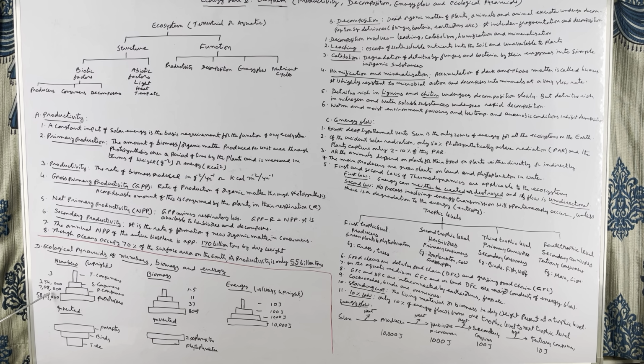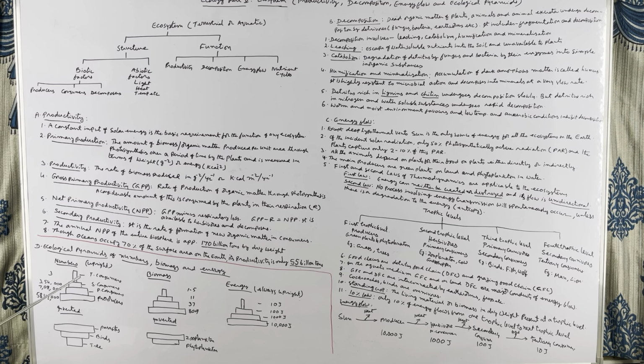Then the primary consumers are only 7,08,000. Secondary consumers are 3,54,000. And tertiary consumers are only 3. In this way, as we move from one trophic level to a higher trophic level, the numbers decrease gradually.